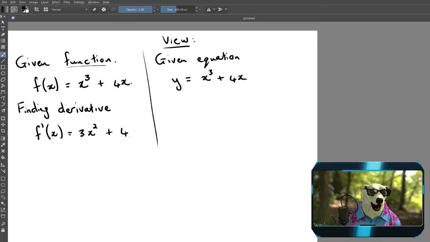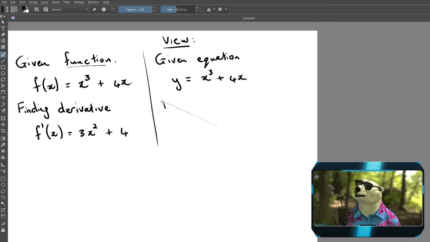It didn't change the information in any way, it's just an alternative way to look at the exact same thing.